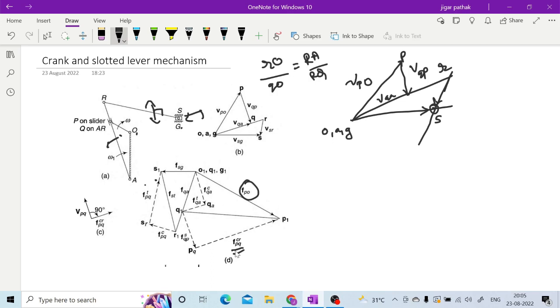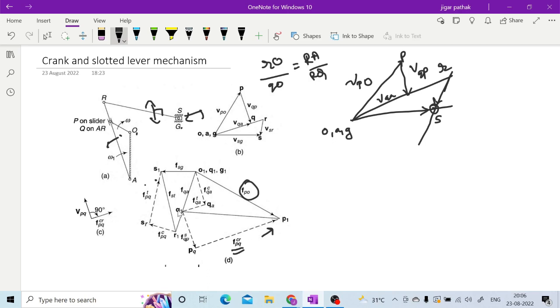FCRPQ is the next thing you can draw. That is from the 2 omega v, you can draw this, and it will be perpendicular to this link AR. As it is coming in this direction, the direction will be towards this, because we are considering it as positive. As it is going clockwise, this will go outward and it will be perpendicular to this AR in this direction. Once you have the magnitude of this, you can draw it.